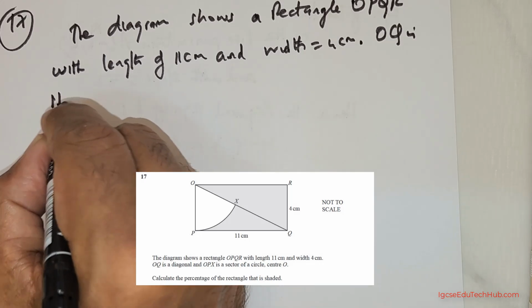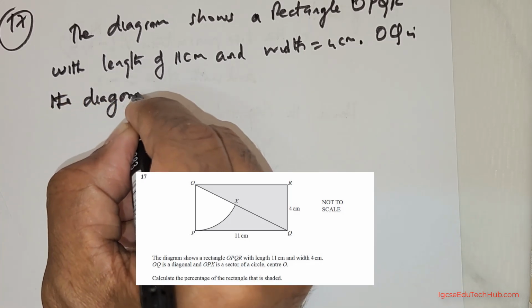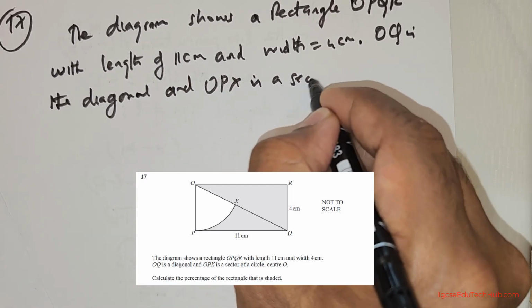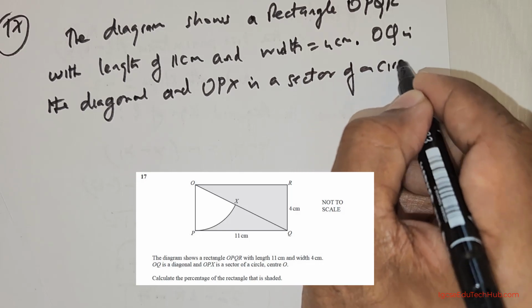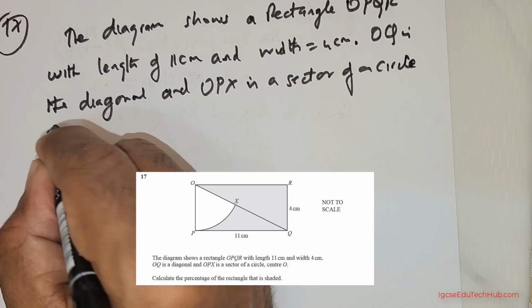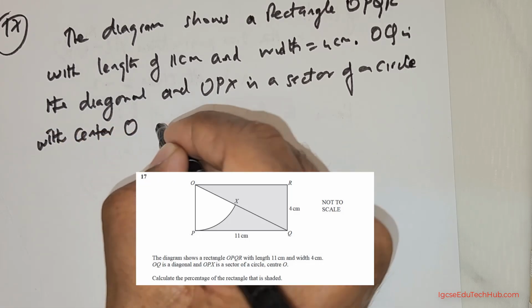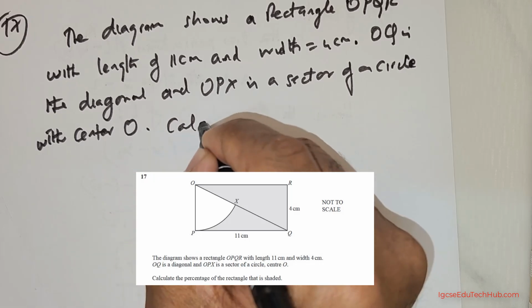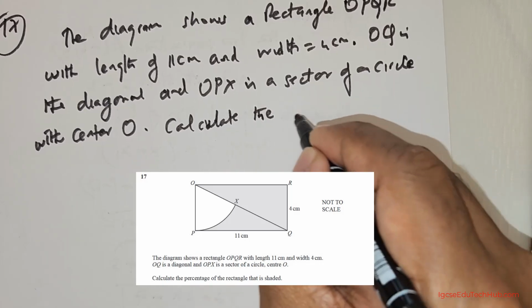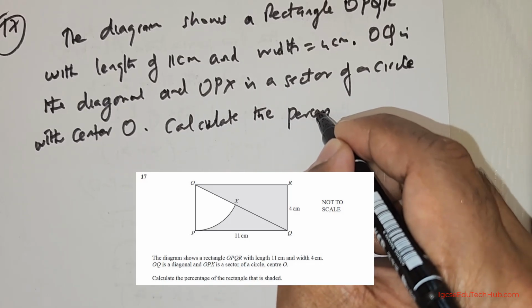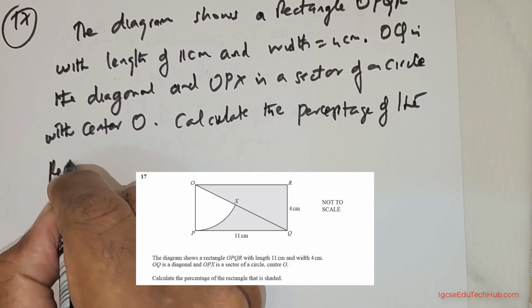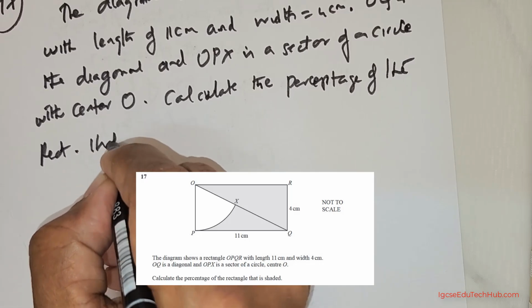OQ is the diagonal and OPX is a sector of a circle with center O. Now we are asked to calculate the percentage of the rectangle that is shaded.